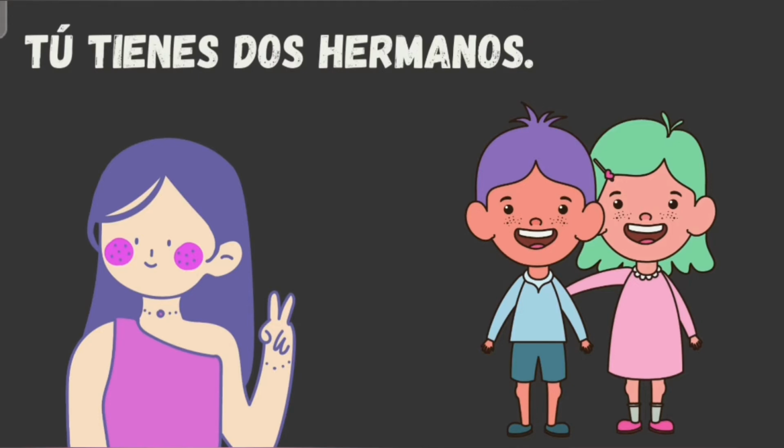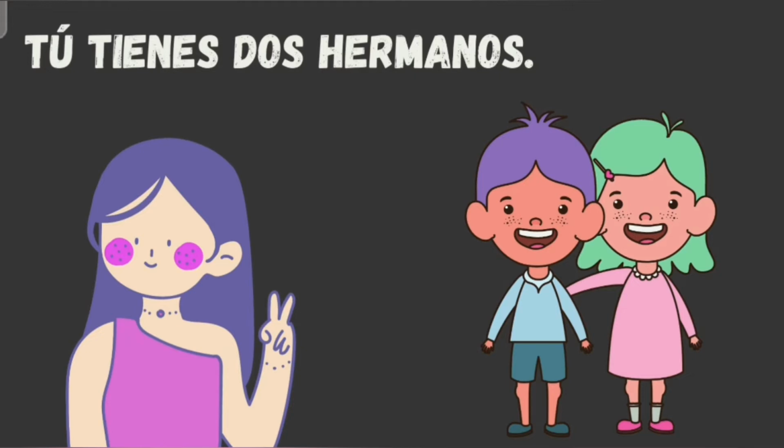We have, you have 2 siblings, okay? You have 2 siblings. How to say this in Spanish? Tú, okay? This is our personal pronoun. Then we have to put the verb to have. In this case, tienes, tú tienes, you have 2 siblings, dos hermanos.